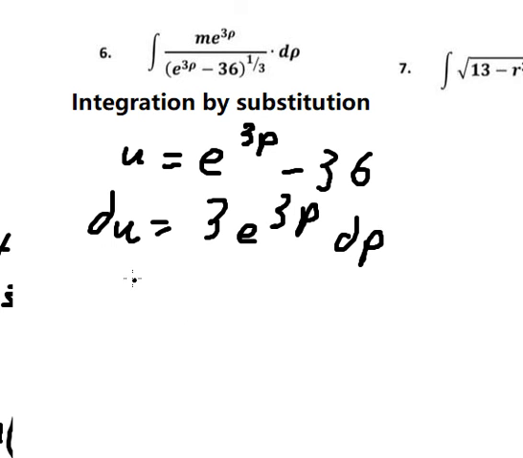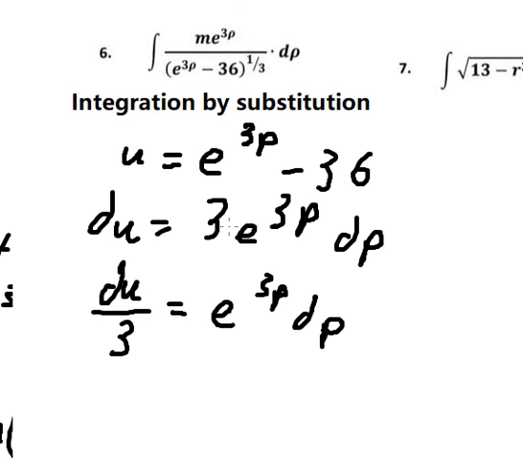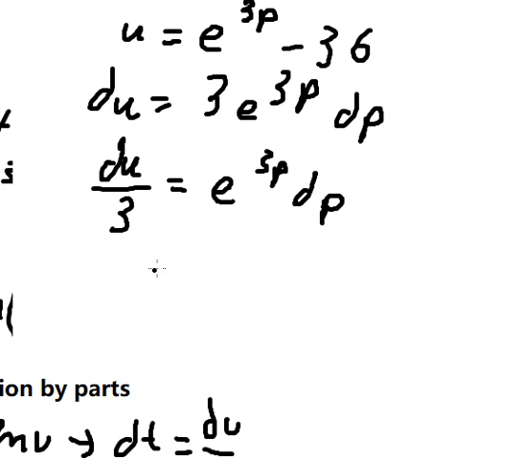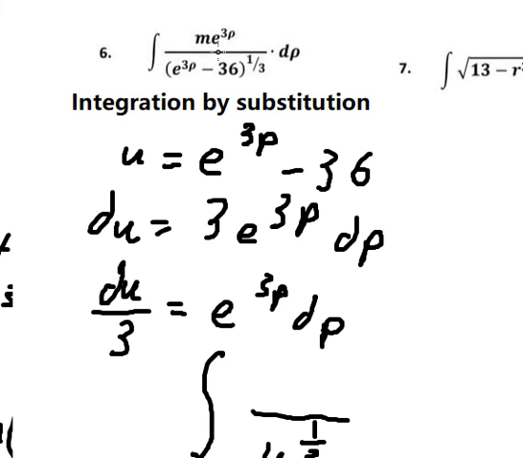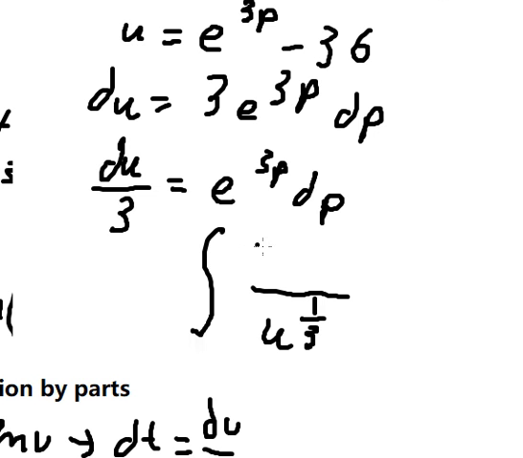Because we don't have number 3, we need to divide both sides by number 3. Now, we need to change this one by u. e to the power of 3b db, we change by du over number 3.